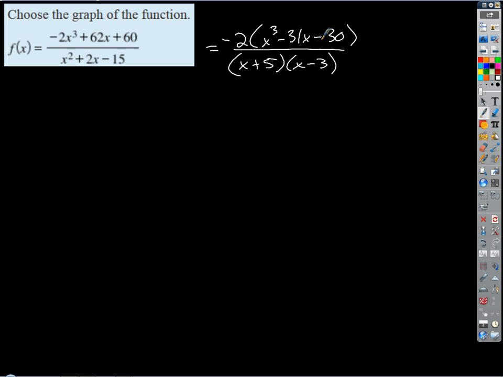Think back to our factoring stuff, right? The only way that we know how to directly factor a 4-term polynomial is by grouping, and that's not going to work, because the ratios don't work out.